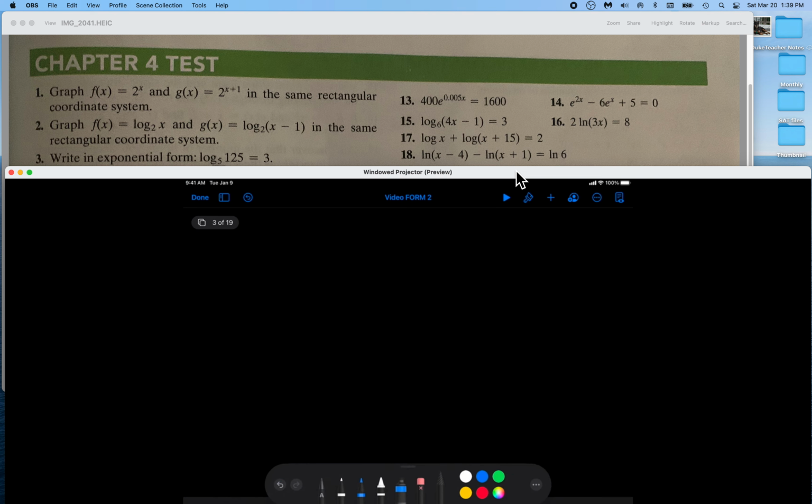So let's do that. We're going to condense the left side of that equation. We're only going to write natural log once. We know there's going to be a fraction. X minus 4 is going to go in the numerator because there's a positive sign out front. X plus 1 goes in the denominator, and we're going to set that equal to natural log of 6.